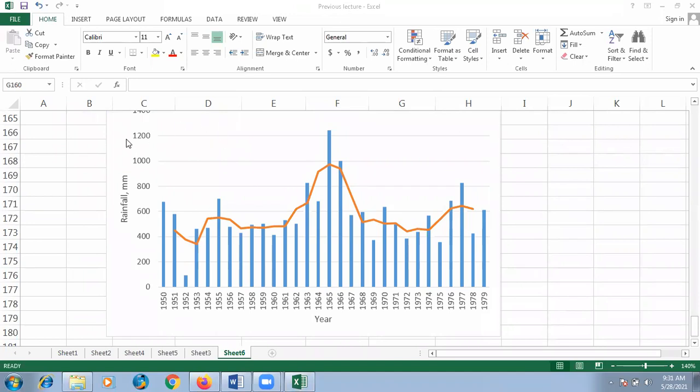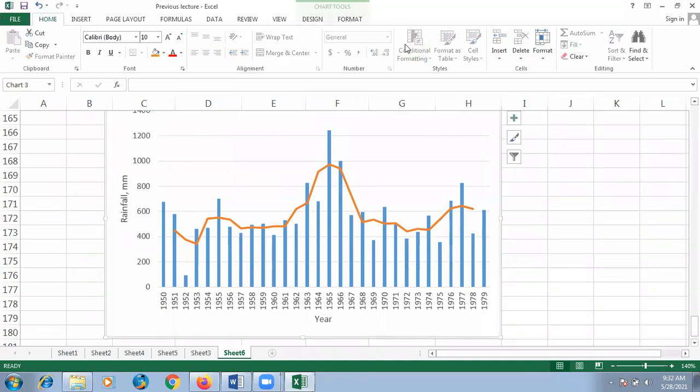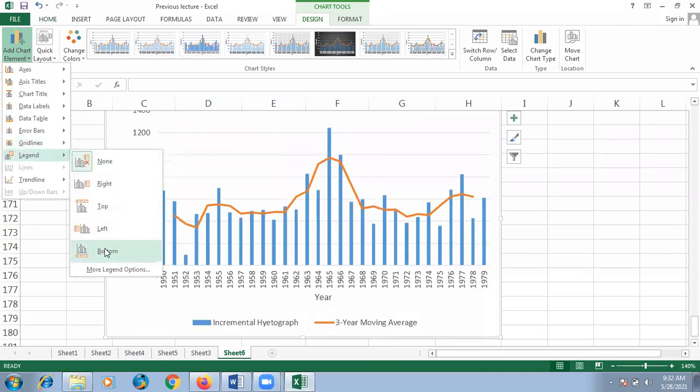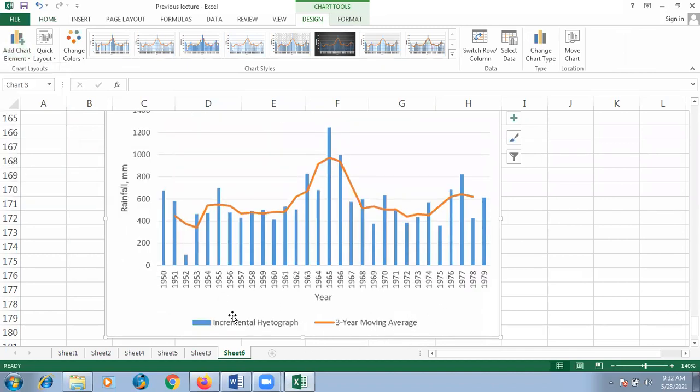So for that, I will go to design, legend, bottom. Look here, the blue bars represent the incremental hyetograph, whereas the orange one represents the 3-year moving average curve.